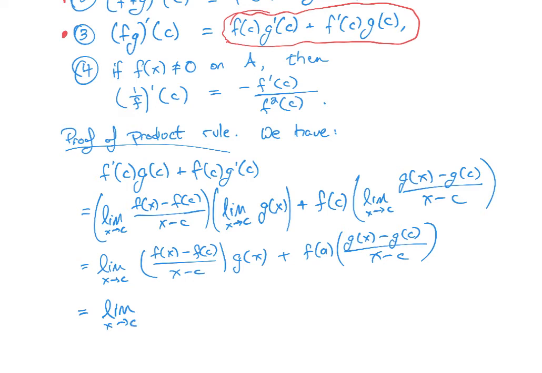Okay, now let's just make it one fraction and see what we get. f of x g of x minus f of c g of x plus, oh, I wrote an f of a. I wanted it to be f of c.